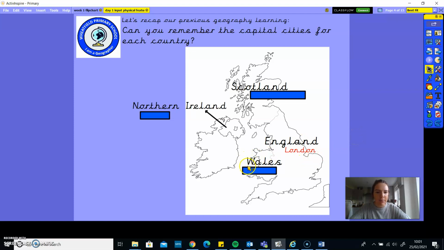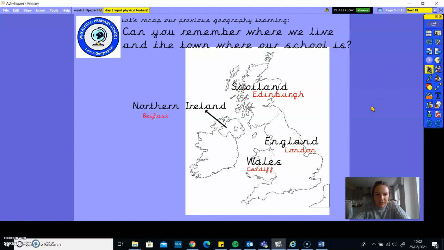What about then the capital city of Wales? I'm sure lots of you will have been there before. It begins with a C. It is Cardiff. Okay, the capital city of Scotland. It begins with an E. It is Edinburgh. And then the capital city of Northern Ireland is Belfast. So there are our 4 countries and their 4 capital cities.